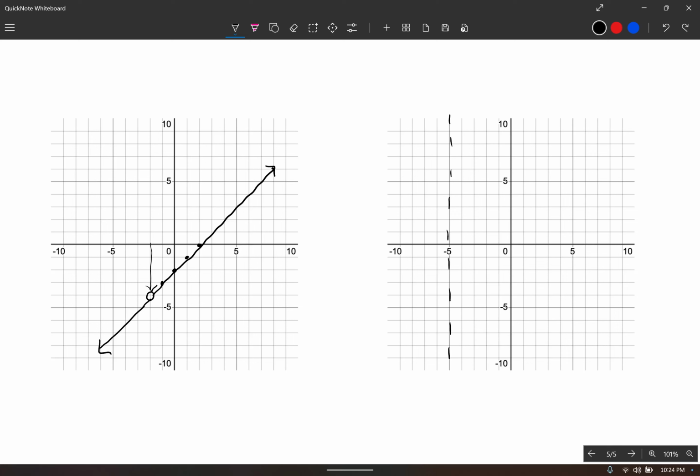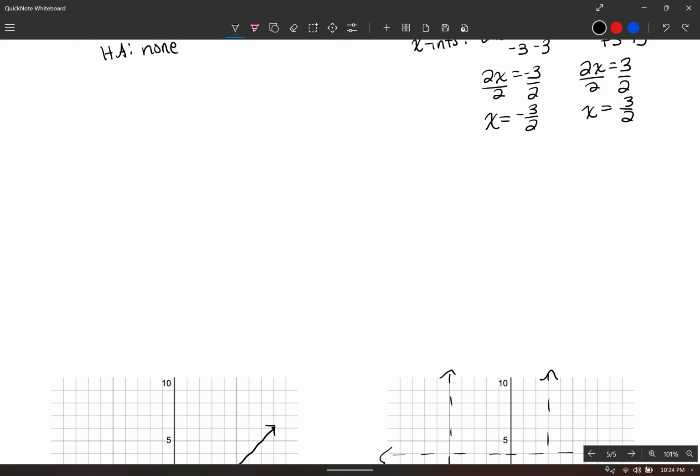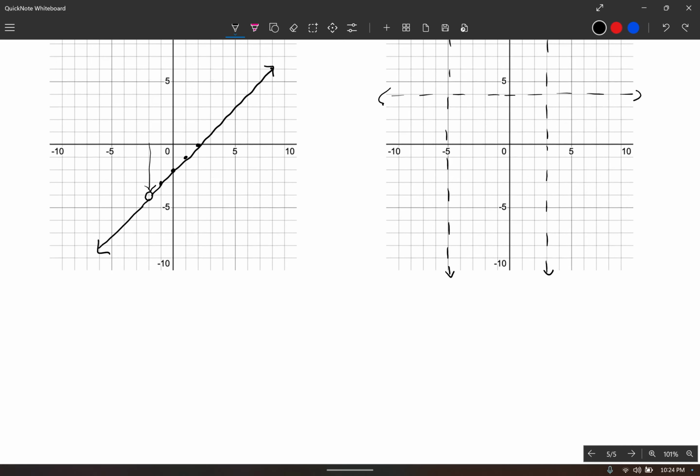So let's go ahead and plot those. I also have a horizontal asymptote at 4. And I have 2 x-intercepts, one at positive 3 halves and one at negative 3 halves.